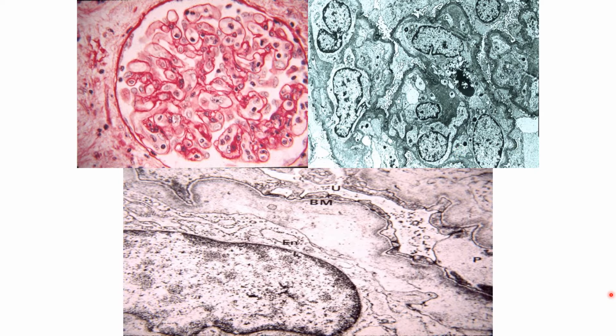The hallmark of transplant affecting the glomerulus is seen as changes in the basement membrane. You can see the external epithelial end and the endothelial cell nucleus at one end of the slide.